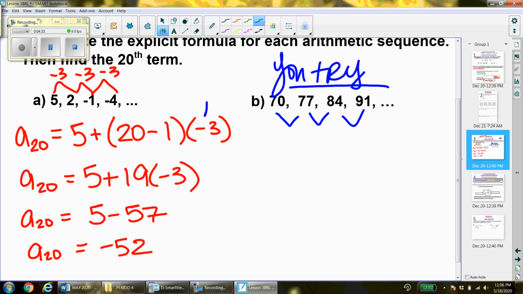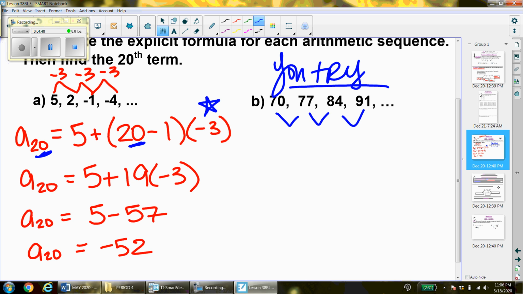That's going to be your common difference. The number they're looking for is still 20, so 20 goes there, 20 goes there. The first number here is 70, it's not 5. That's the only difference. So I want you to try that one on your own.